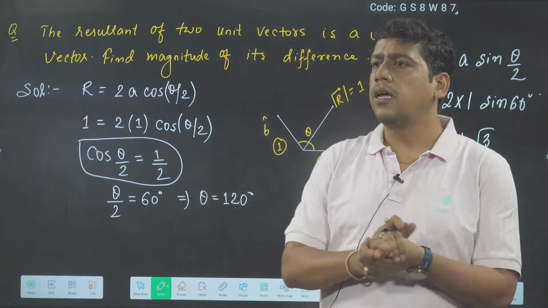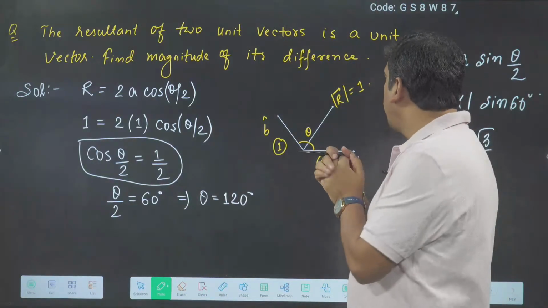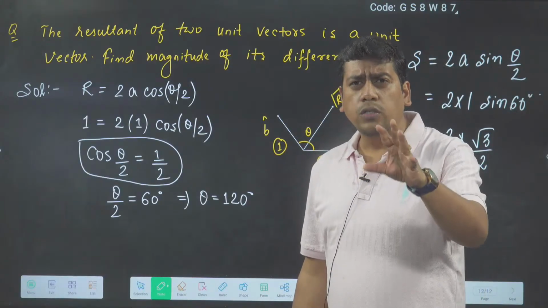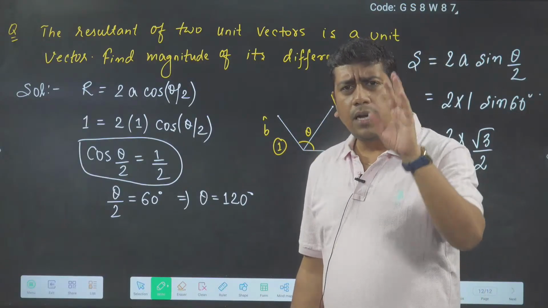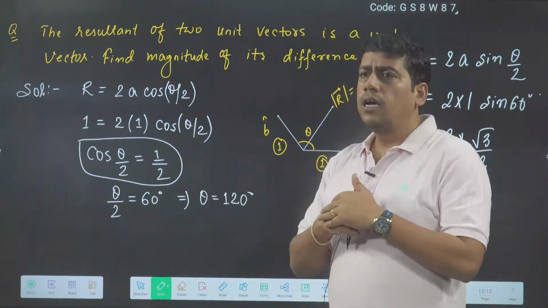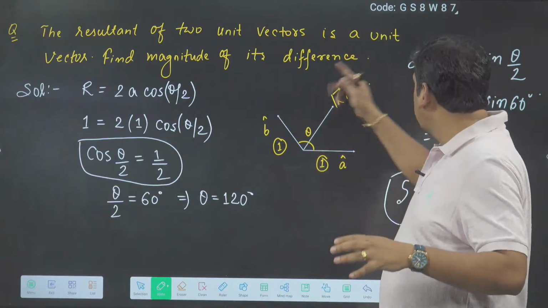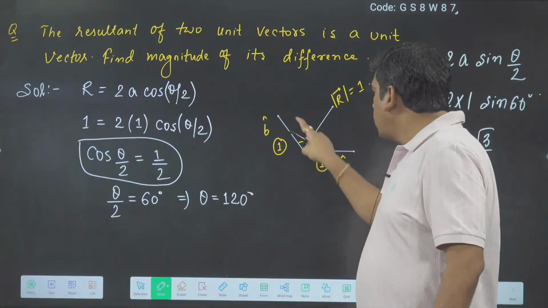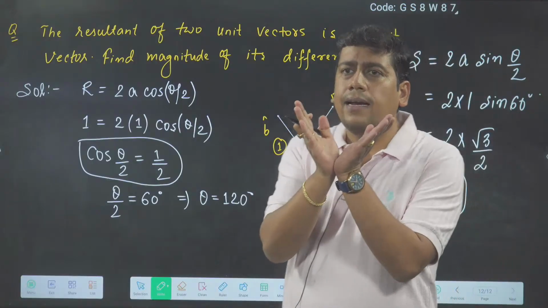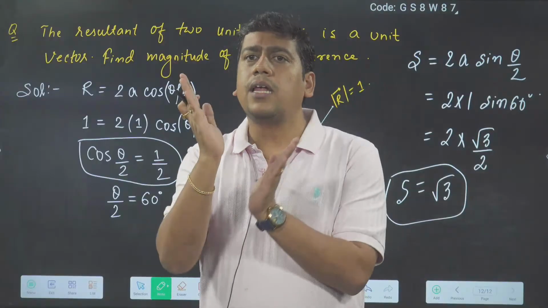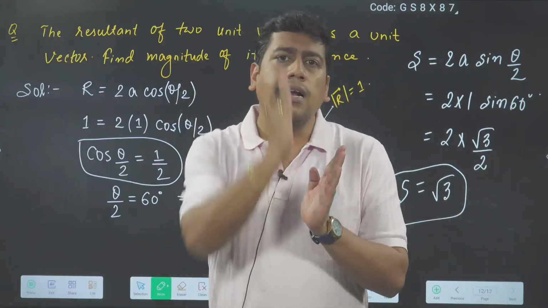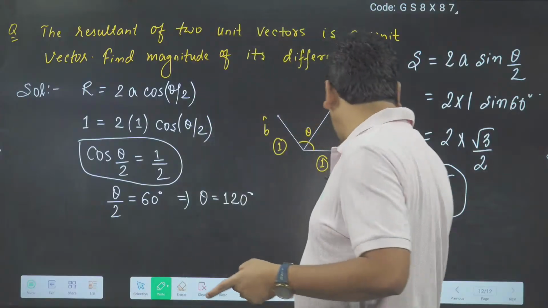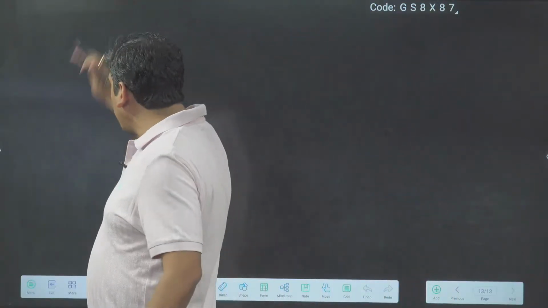This question is clear, and it brings one special point also. Remember this point, because in Newton's laws and gravitation, at multiple places you will get this result, not a complete numerical, just this result. Whenever two vectors which we are adding have the same magnitude, 10 meter and 10 meter, and the resultant is also 10 meter, remember it directly because we have already derived it.